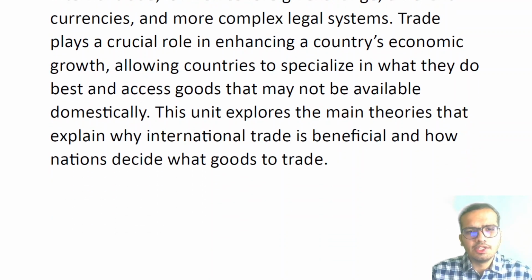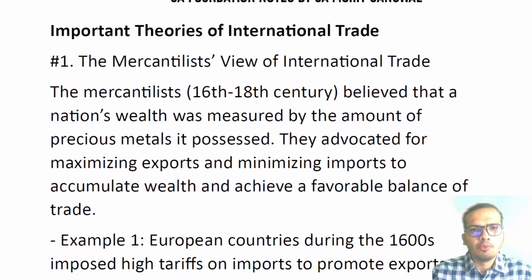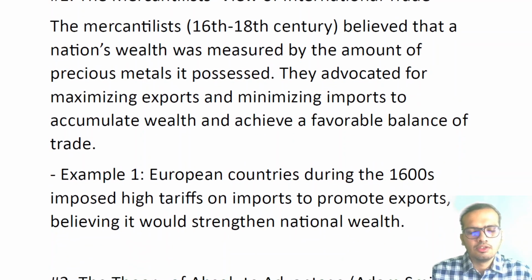So this unit explores the main theories that explain why international trade is beneficial and how nations decide what goods to trade. Here are some important theories of international trade. The first is the mercantilist view of international trade. The mercantilists, that is 16th to 18th century, believed that a nation's wealth was measured by the amount of precious metal it possessed.